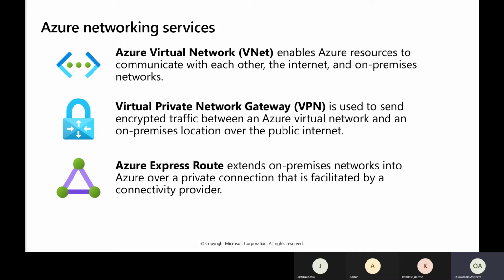With Express Route, you'll be able to establish a connection to Microsoft Cloud services like Azure, in fact even services like M365, CRM, and all those other services. Because we are focusing here on Azure, this Express Route would help us to establish a connection from our on-premises to our Microsoft Azure. That's what our Express Route does, and these are our basic Azure networking services that we need to know.